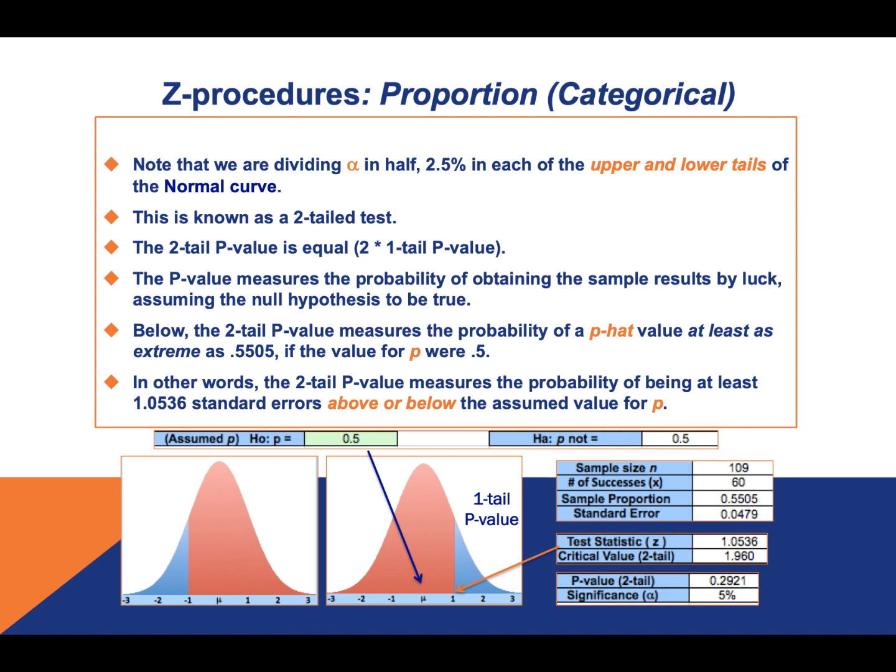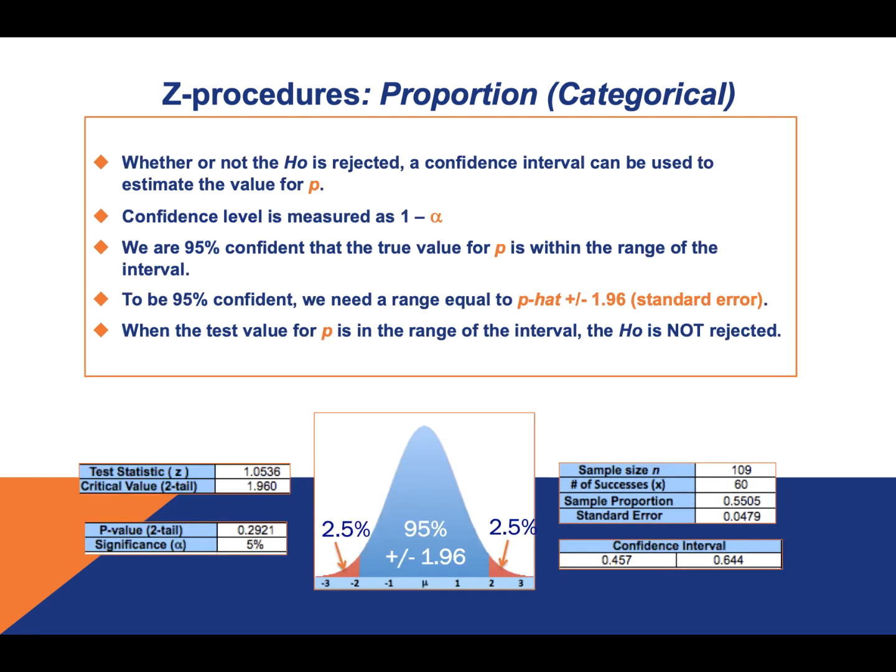This means that if we assume 50% women in the entire population, a little bit more than 29% of the time we should get p-hat values at least as extreme as 0.5505.